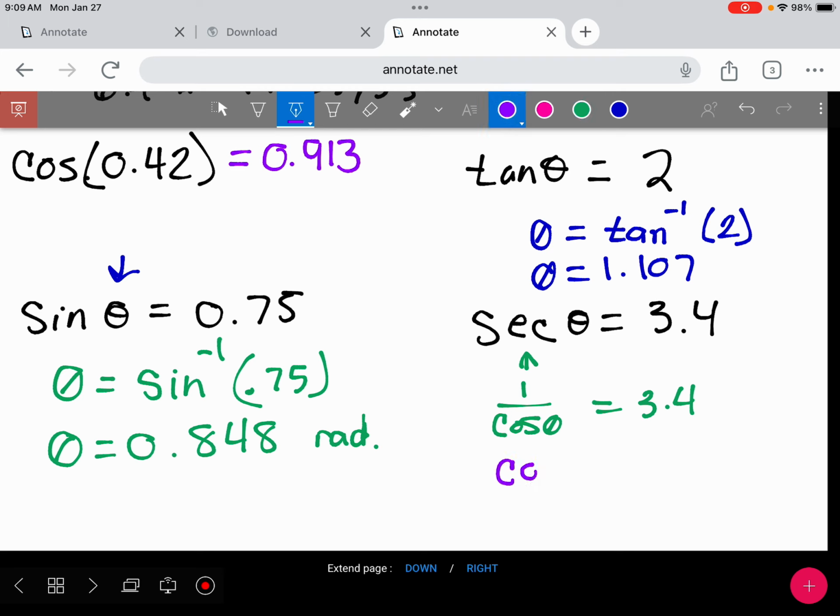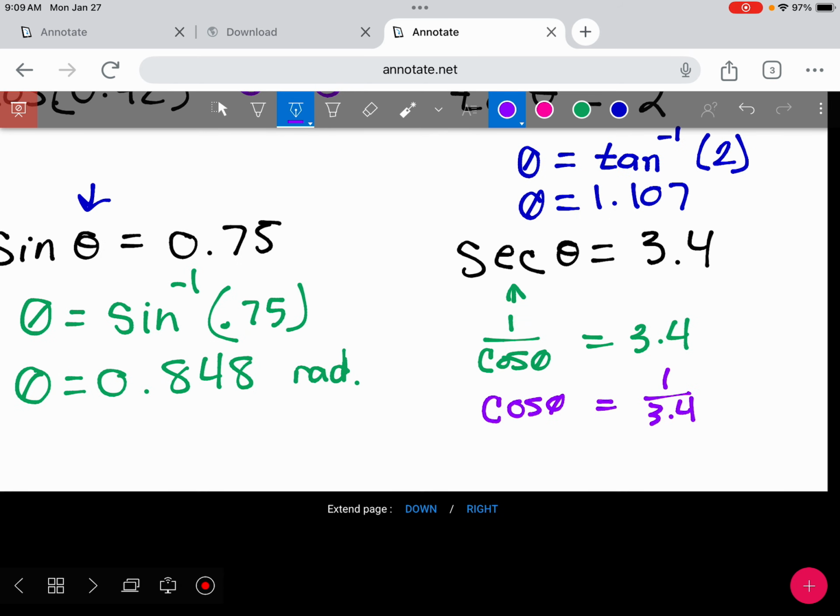We could also write this as cosine of theta is 1 over 3.4, which we can get in the calculator, or we can type it in as a fraction when we do our inverse. So to find theta, we're going to take the inverse cosine of 1 over 3.4, the reciprocal.